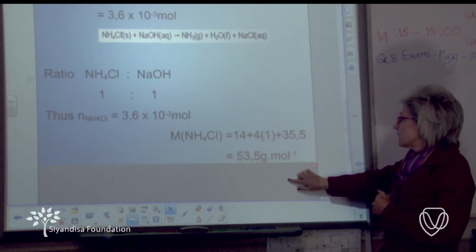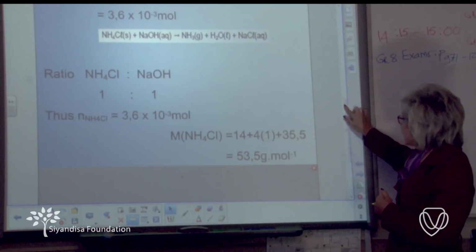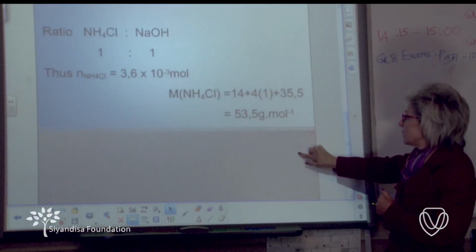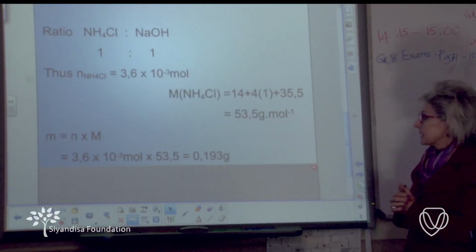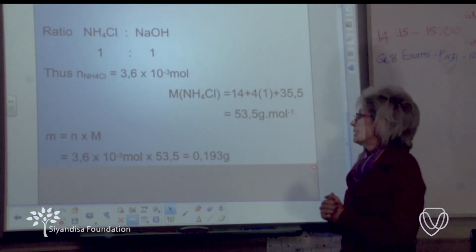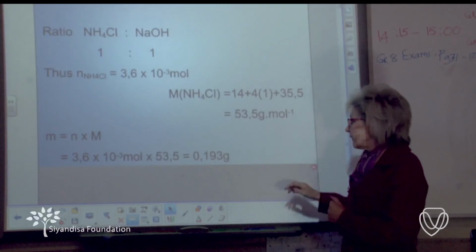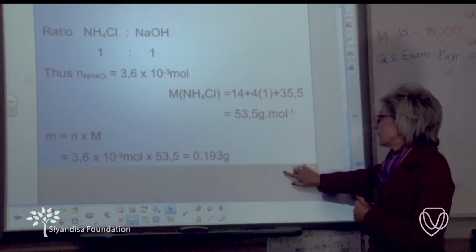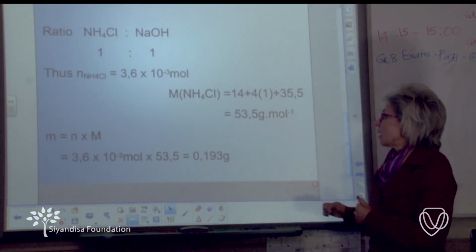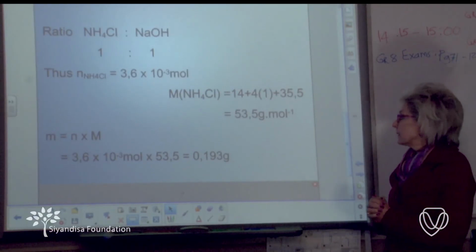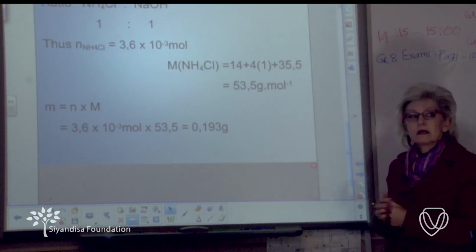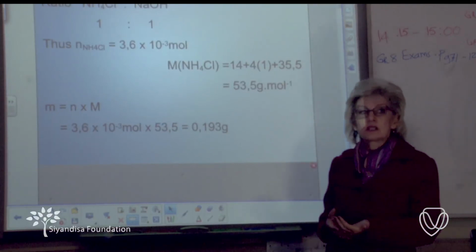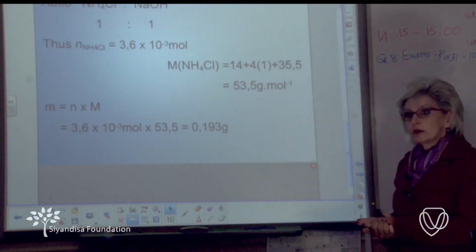We calculate the molar mass of ammonium chloride, and by using that we can calculate the mass, 3,6 times 10 to the negative 3 times 53,5, giving us 193 gram of ammonium chloride. And that was the original question. So as you see, a roundabout way of getting to these answers, there is no straightforward way.